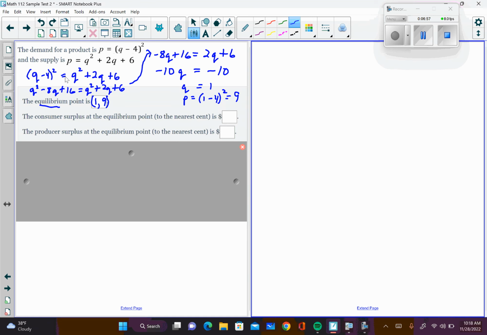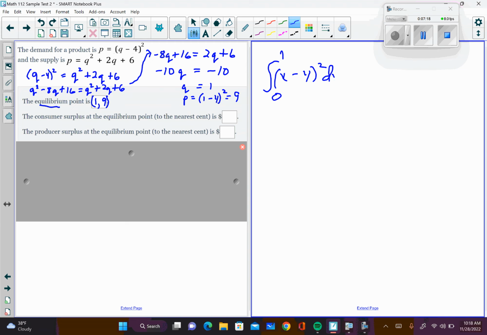The consumer surplus, we integrate what the consumers do, they demand, from 0 to the x coordinate, which is 1. I prefer to use x instead of q, even though I could use q.